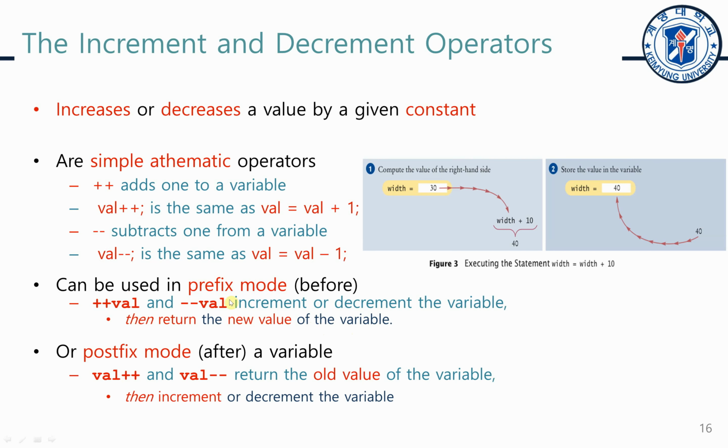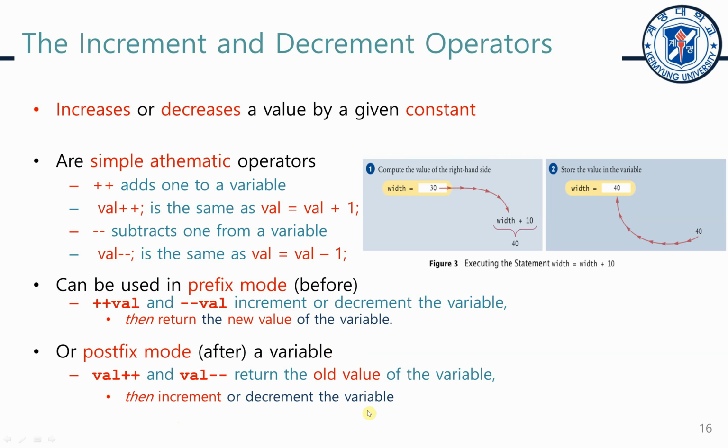That means first val plus 1 or val minus 1 will be computed, then assigned, and then returned. However, in postfix, we first return the old value before we make this calculation. We give the value that already exists, and then we increment or decrement the variable.